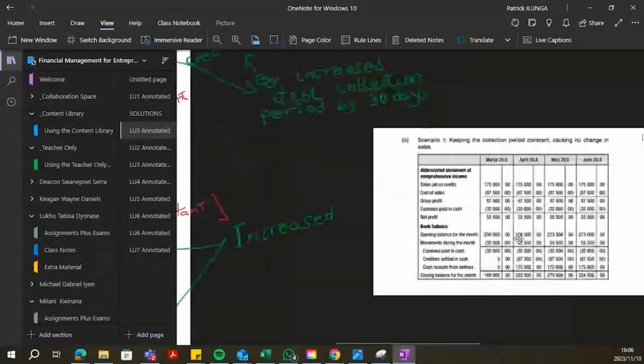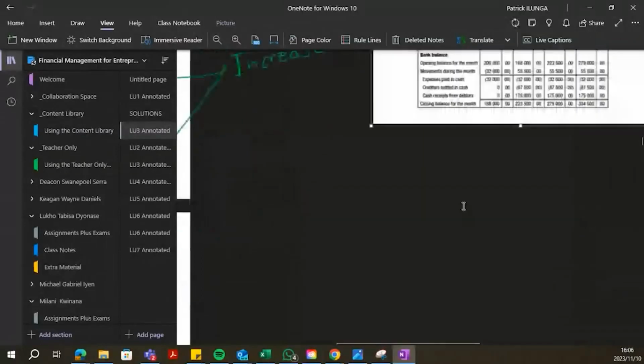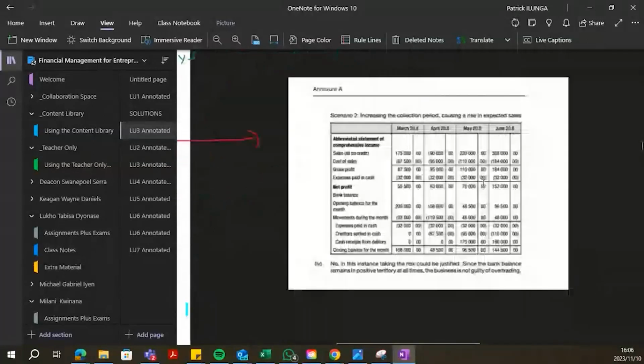Look at the net profit when you are paying your creditors at the same time as you are collecting the money. At the end of June, you can compare for yourself: you have 55,000 net profit versus 152,000 net profit. Can you see the differences between the two scenarios?